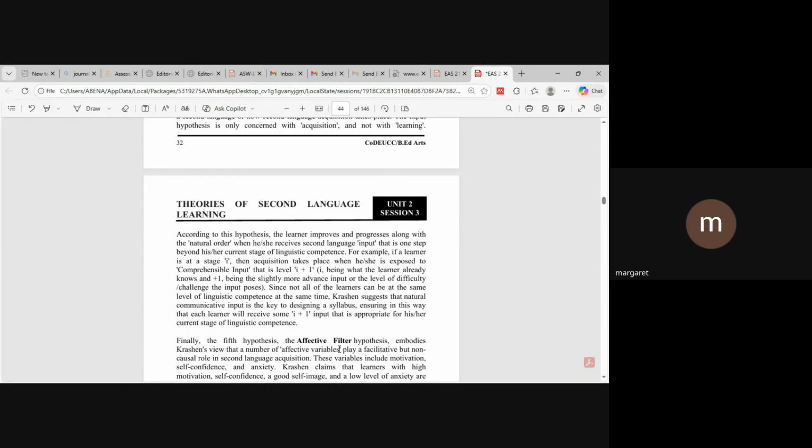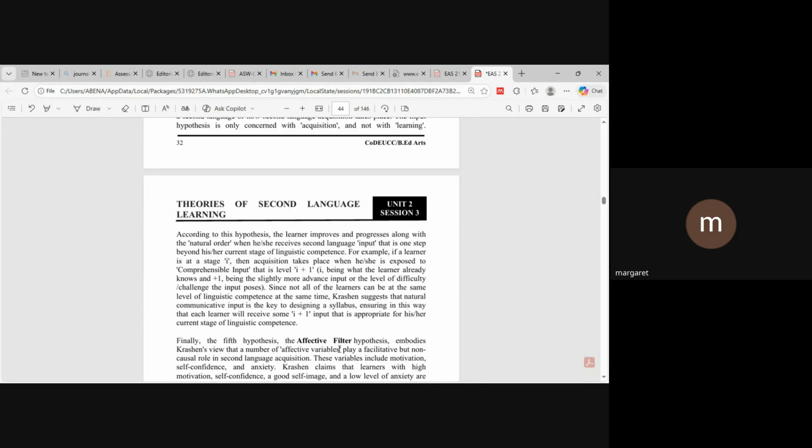Okay. So they are saying that if the environment motivates the child, the learner has self-confidence in their own language learning abilities, the child has good self-esteem, okay, and then anxiety is lowered, then the affective filter will be lowered.